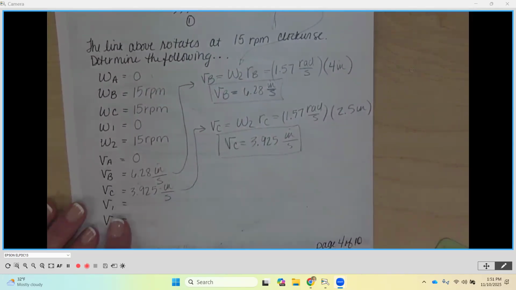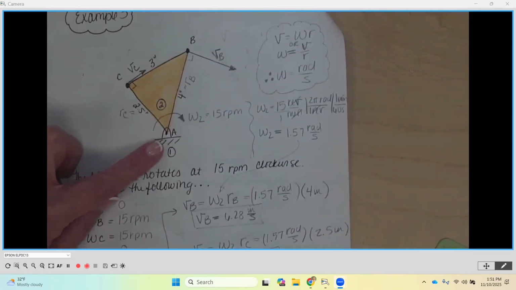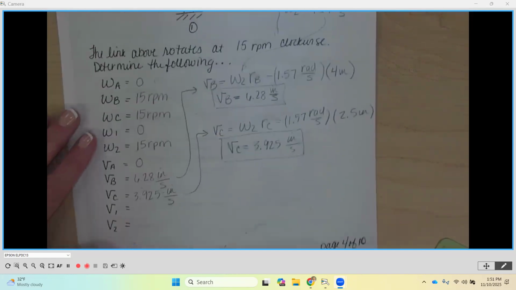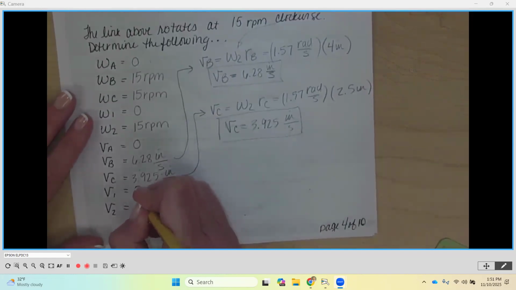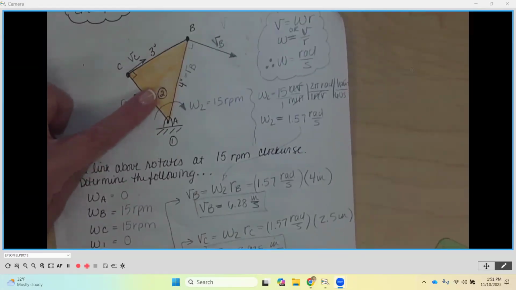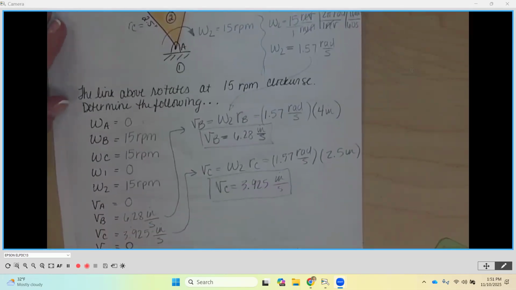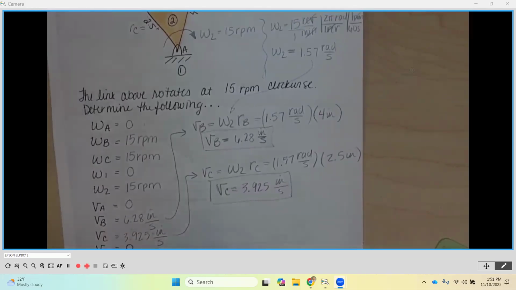All right. Straight line velocity of link number 1. What's that? 0, right? And then straight line velocity of link number 2. It's not 0 because it's moving, but it's non-applicable because when we look at an entire link, it only has angular velocity.